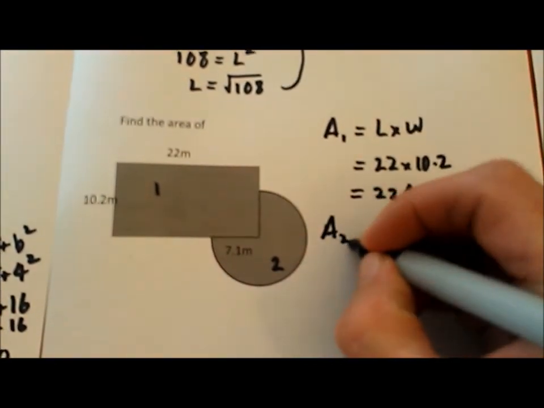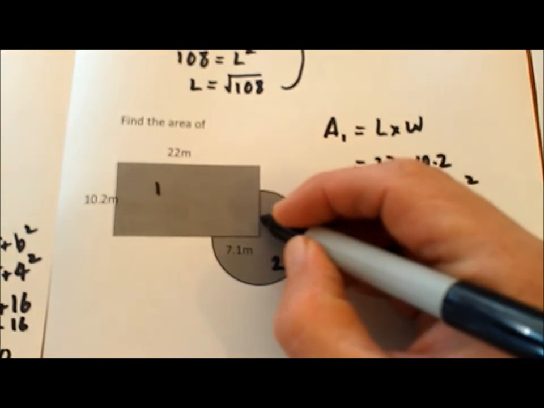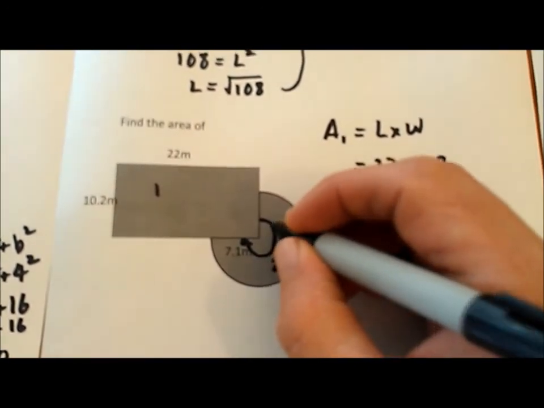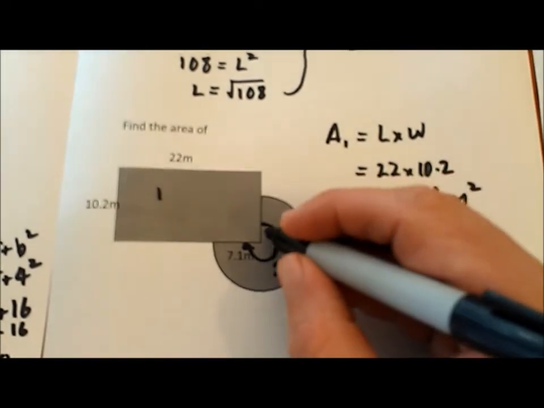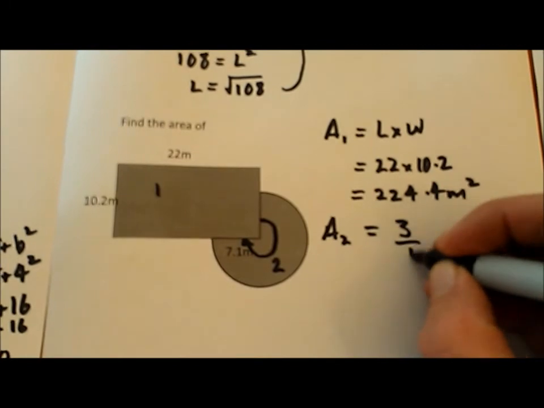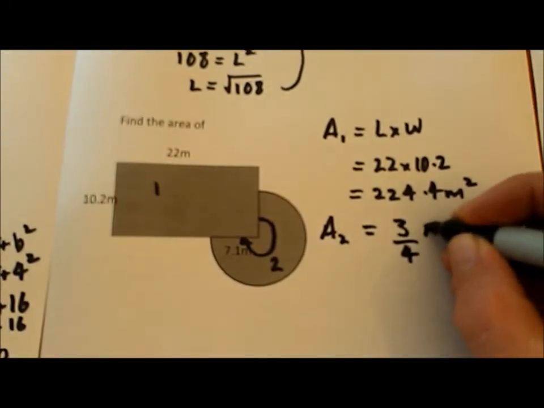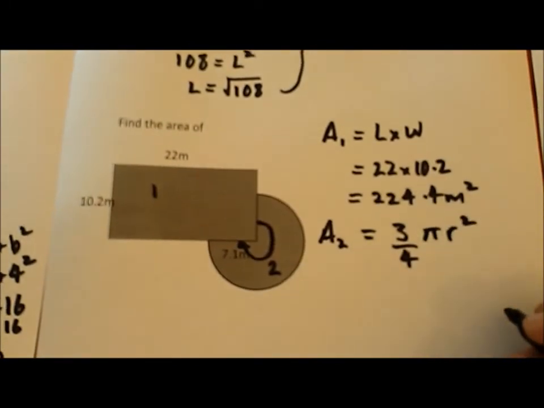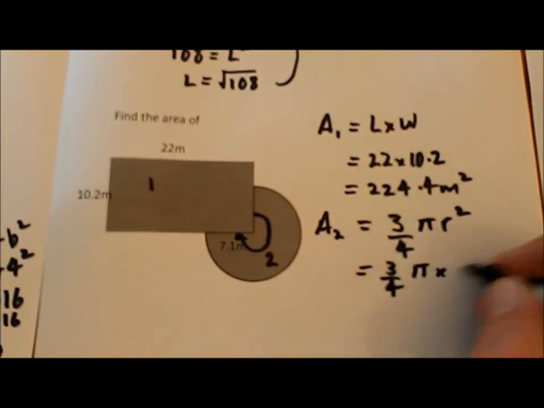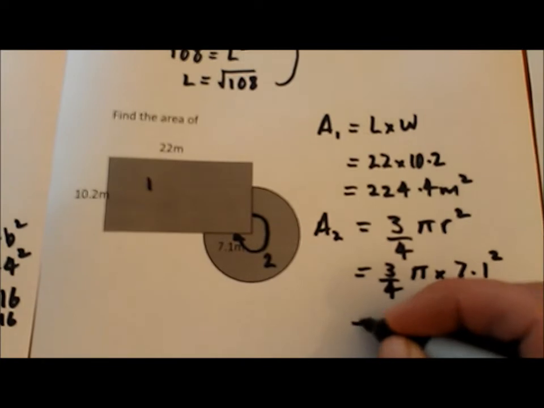Area 2 is a sector of a circle, and again I'll need this angle here. Now that angle is 270, but even easier is to recognise that that's 3/4 of a circle. So it's 3/4 of pi r squared. 3/4 of pi times 7.1 squared.